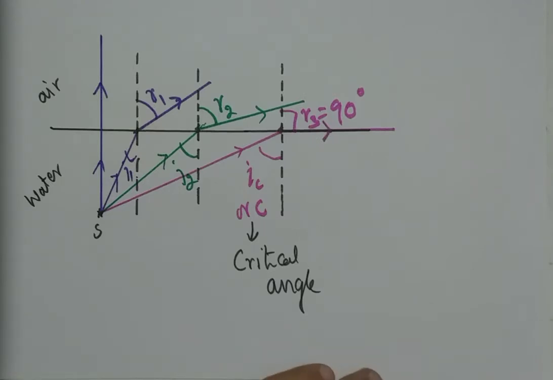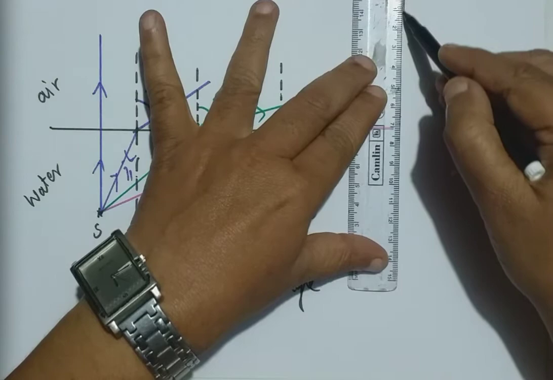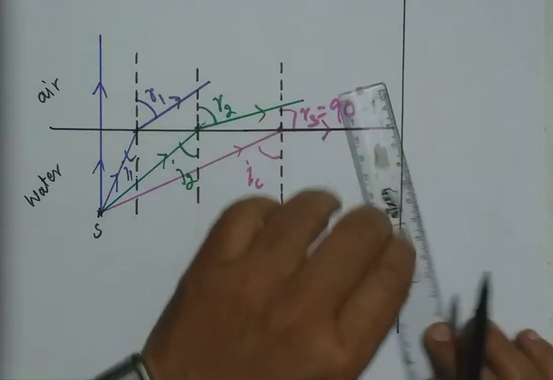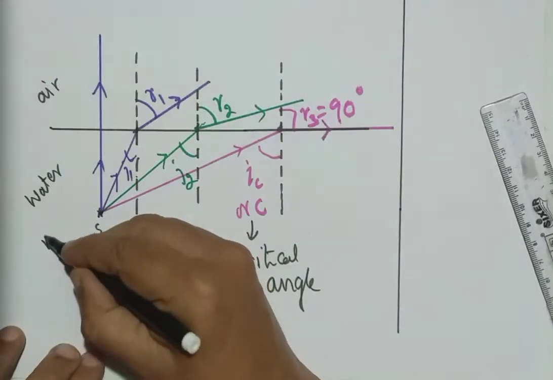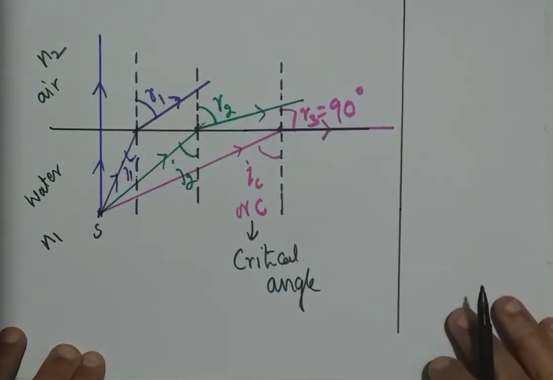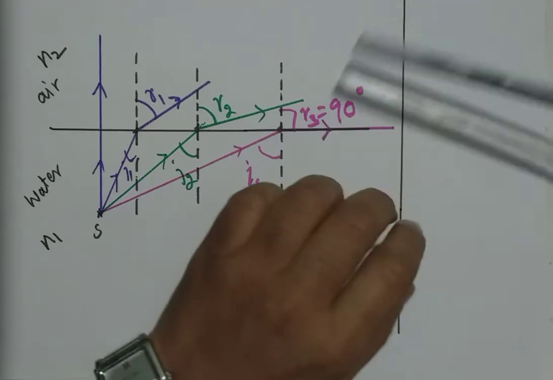Now, we start deriving expression for critical angle assuming the first medium refractive index as N1, second medium refractive index as N2, and applying the Snell's law. For that, we can write a simple figure once again.